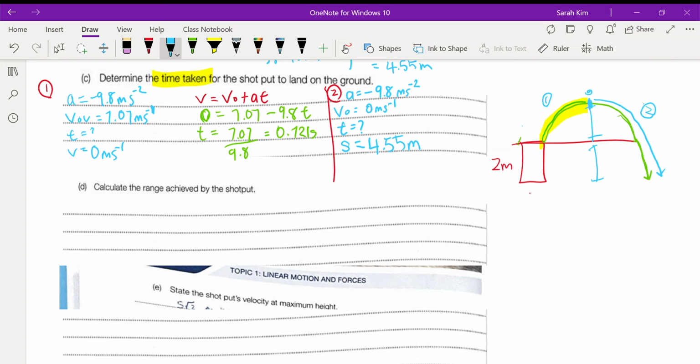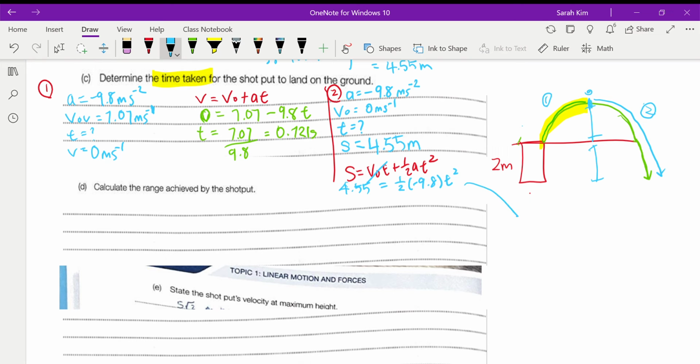I did that in the previous question, so that's what I'll use. S equals, and my V naught is 0, so that goes away. So my S is 4.55 equals half negative 9.8 T squared.